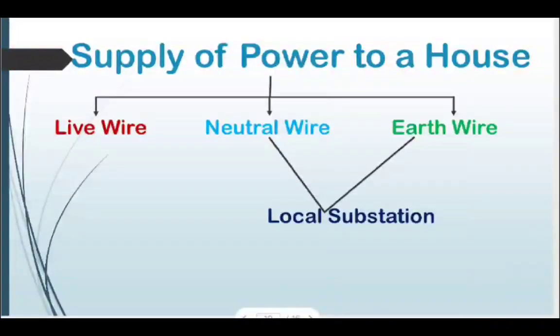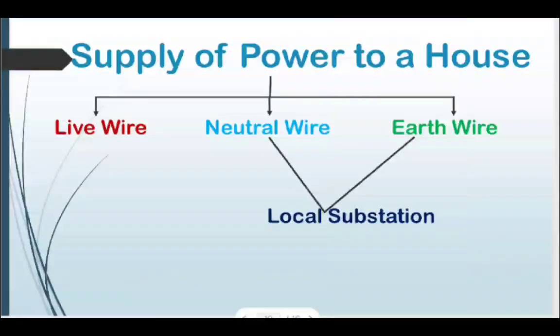Now to supply electric power to a house from this common city substation, electricity is either transmitted through overhead wires or cables on the poles, or there are underground cables which supply electricity to each building.